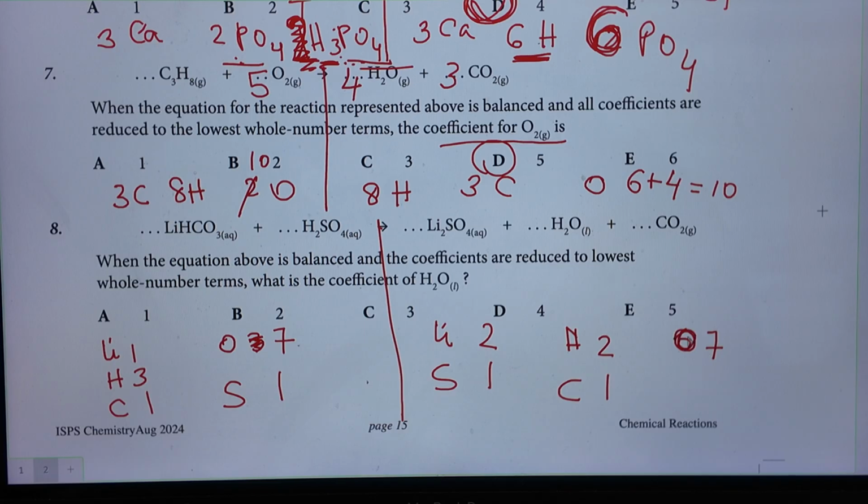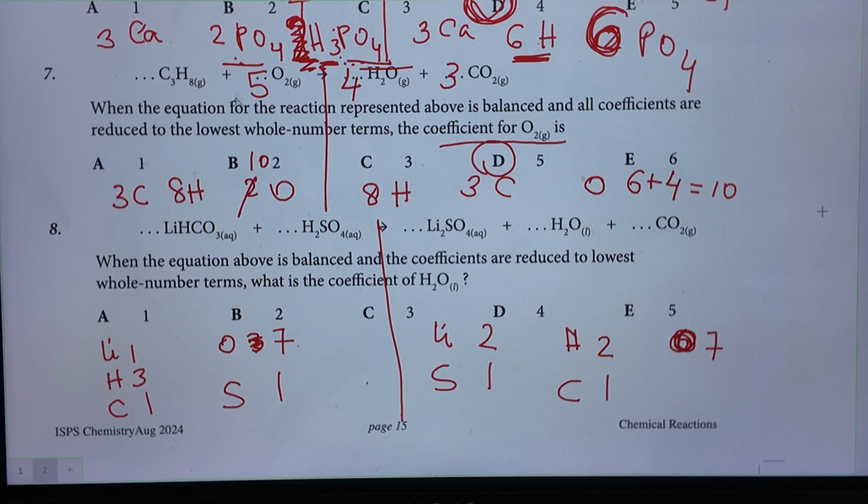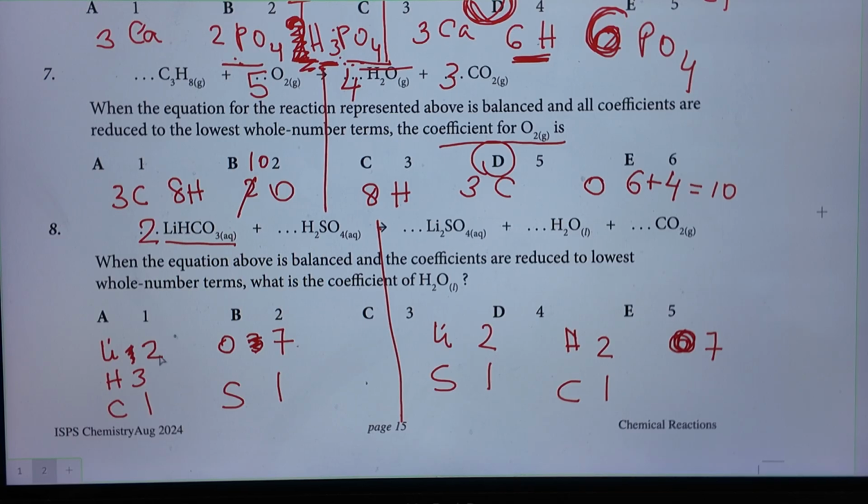Okay, so what needs to be manipulated? There's oxygen 7, oxygen 7. Oxygen seems to be happy. Lithium here is 1, so whatever here needs to be 2, and that now affects everything here. So now, automatically, lithium is now 2. Hydrogen is now on this side this 2 plus this 2, so now hydrogen is 4.